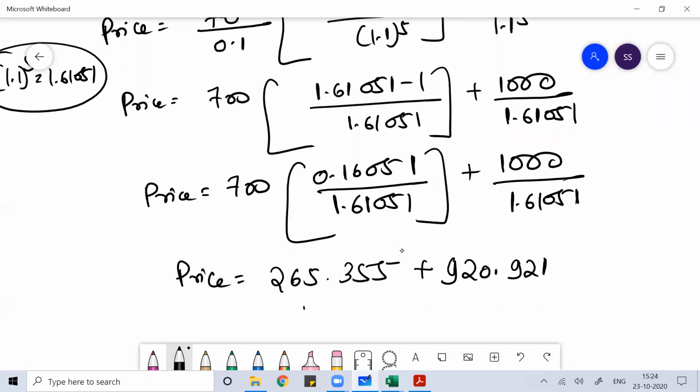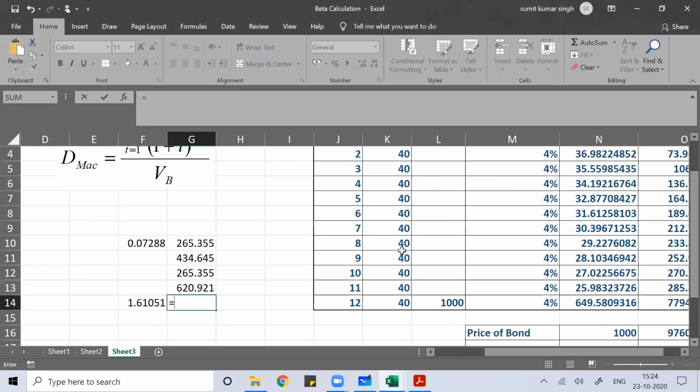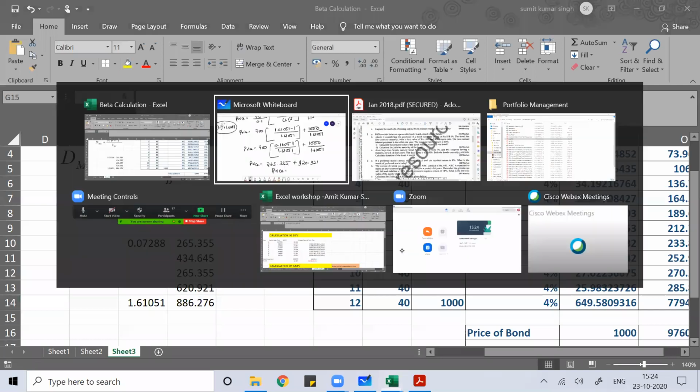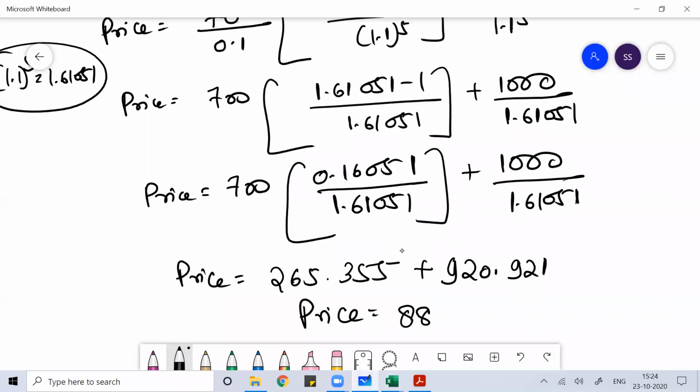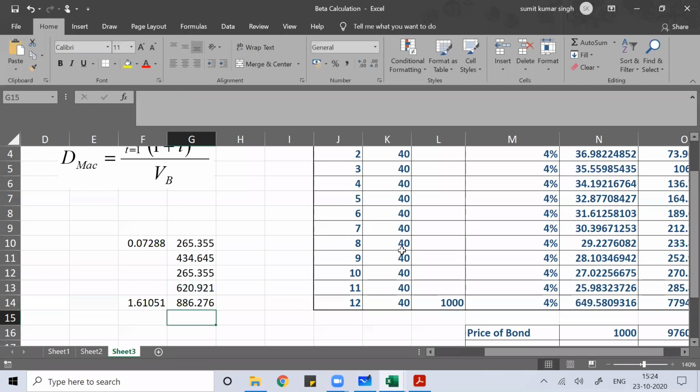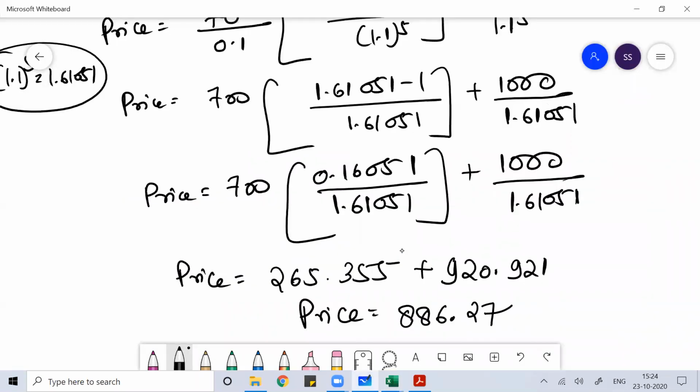So how much is the price? This plus this is 886.276. So if I take the rate of interest as 10%, I'll get the price as 886.276. Any doubt, anyone?